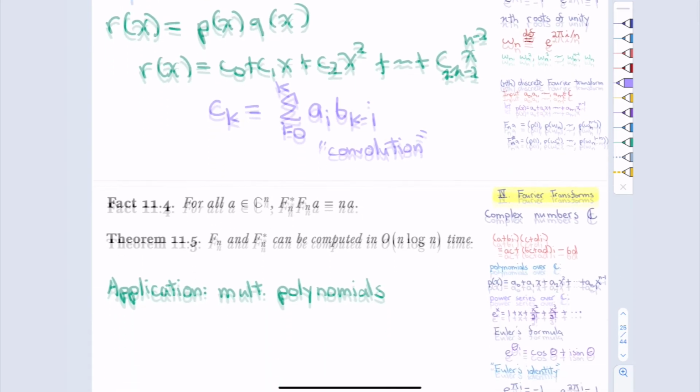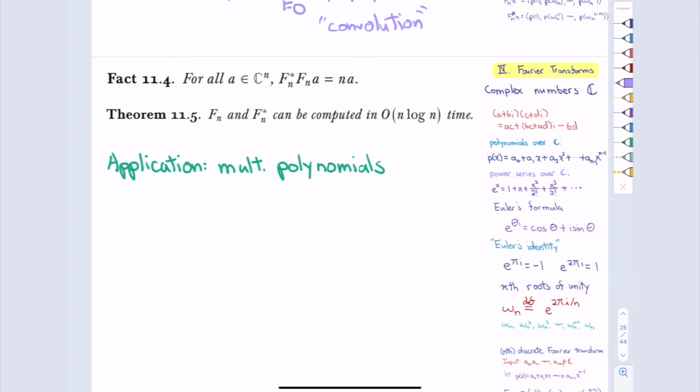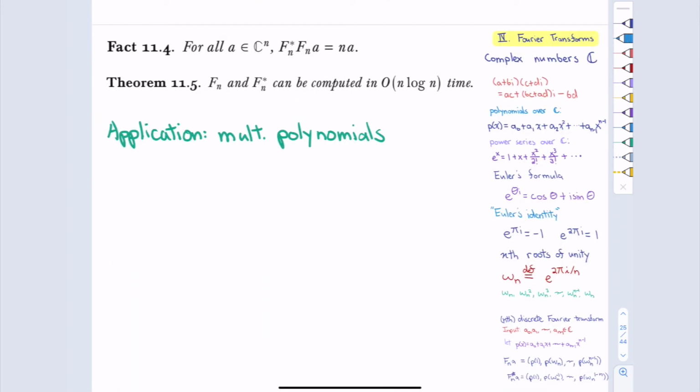Okay. But now, let's look at this. Okay, so let's look at the roots of unity. So I know that, for example, if I'm, say, even just taking the first one, the value of R at this primitive nth root of unity is equal to P of omega n times Q of omega n.